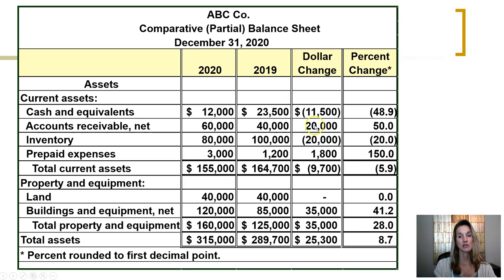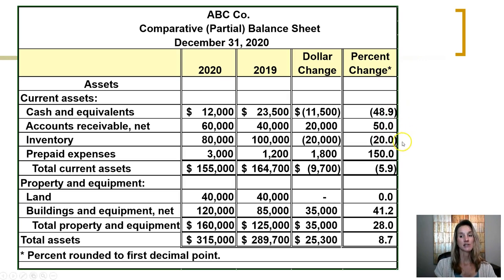The percent change will be the change of $20,000 divided by the base year, $40,000, percent change of 50%. Inventory, dollar change was a decrease of $20,000 divided by the base year, $100,000. We have a 20% decrease.